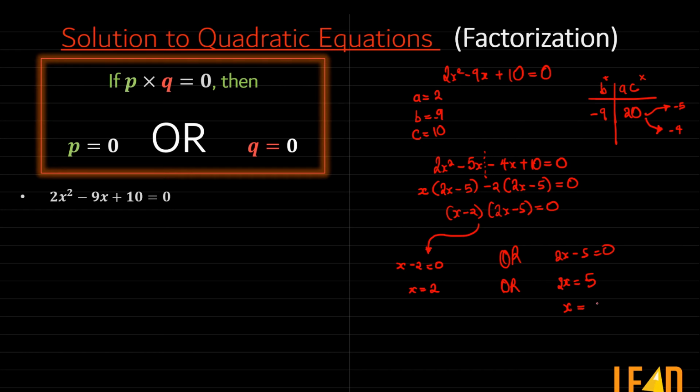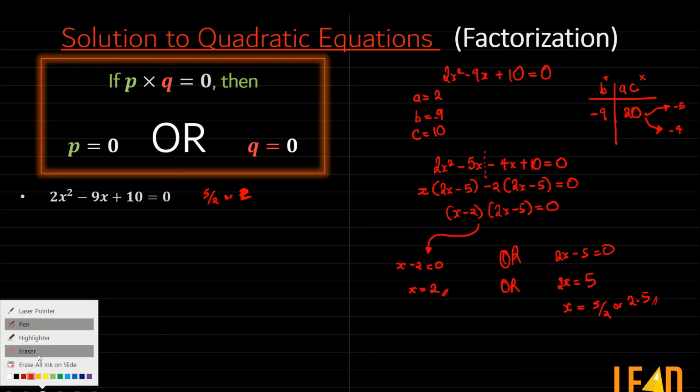So x is equal to 5 over 2, or 2.5. So those are your solutions: 5 over 2 or 2. Yeah? So the first solution we got was 2. Second solution we got was 2.5. So what I want you to do is you can plug these numbers back into the equation and see that it works out for you to get 0.